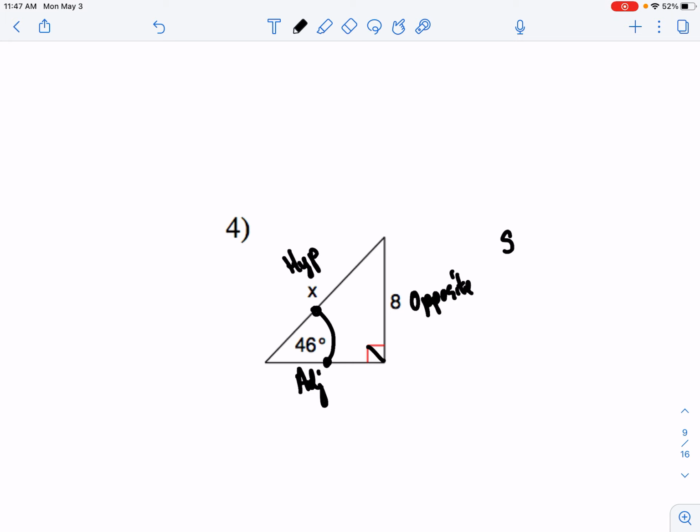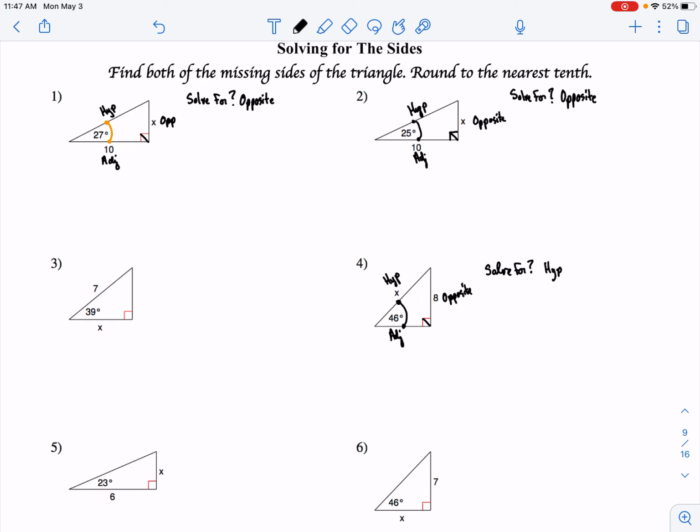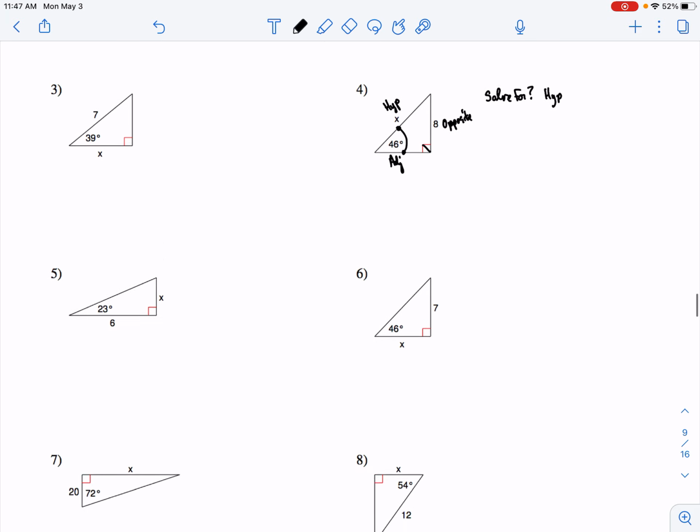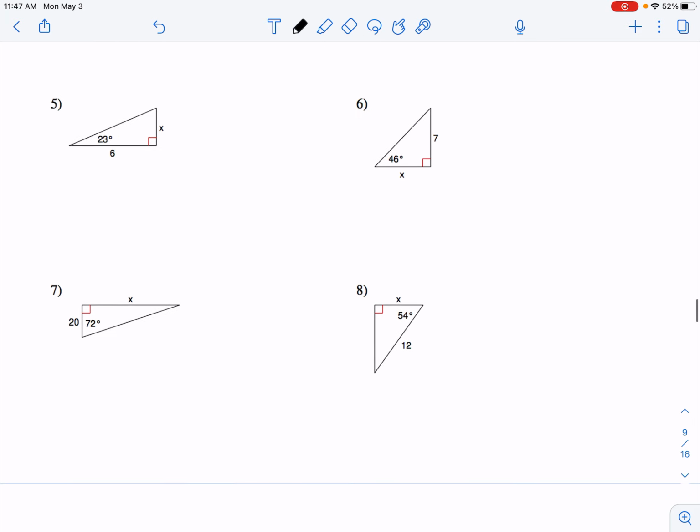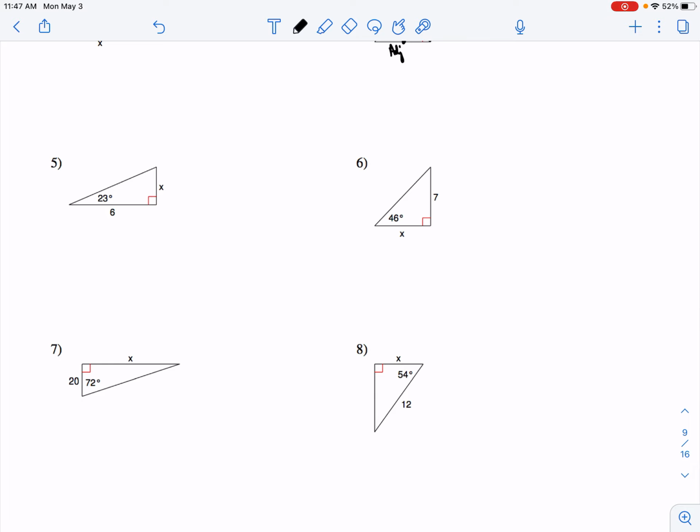Again, what am I solving for? Find your variable. My variable is x. I'm going to solve for the hypotenuse. So like I said, go back and do the remaining questions just on figuring out what we're going to be solving for. We're going to be solving for the adjacent, the hypotenuse, or the opposite side.